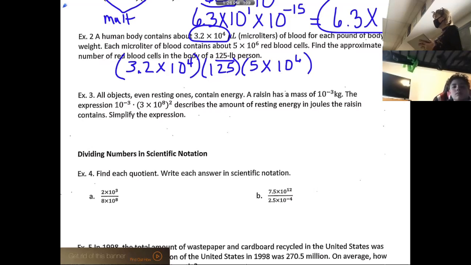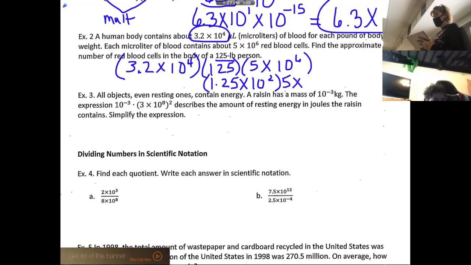Right, well, we're going to change 125 into a scientific notation number. How's that? So this would be 1.25 times 10 to the second, because it was 125, I moved the decimal over twice.